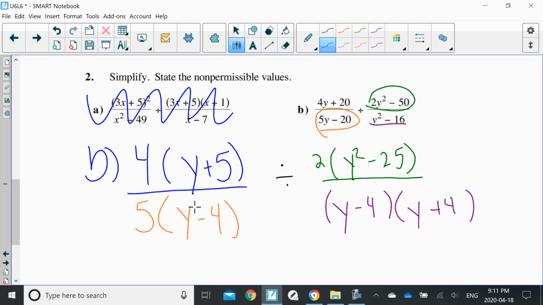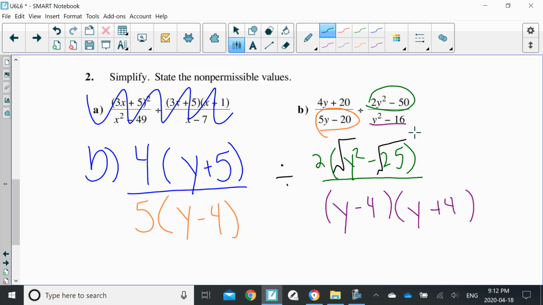In this first fraction, there's nothing more I could do. In the second fraction, the denominator is factored, but the numerator is not. We factored out a GCF, but what remains is y squared minus 25. That could further be factored by a difference of squares. I could take the square root of y squared and the square root of 25.